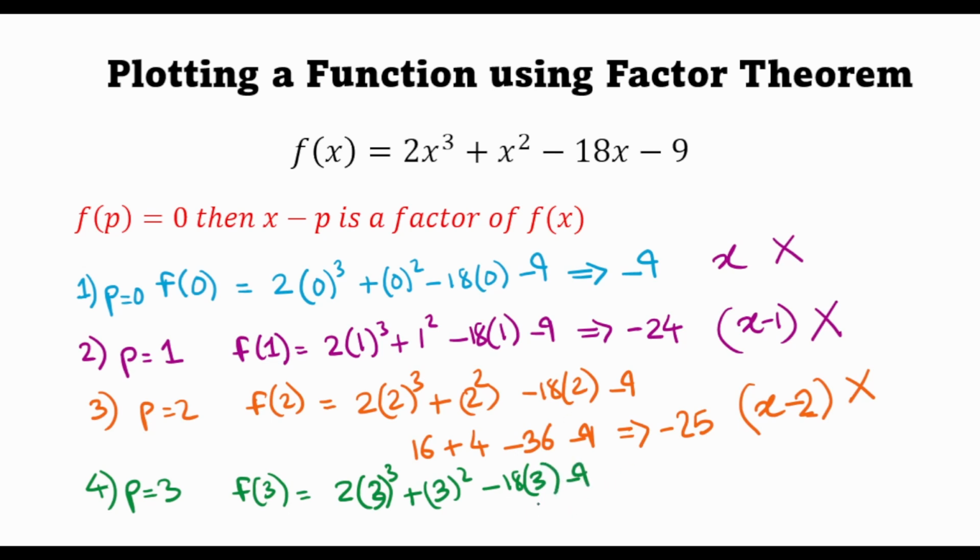So simplifying this, we'll get 54 plus 9 minus 54 minus 9, and this indeed is equal to 0. So we have found out that x minus 3 is a factor of f of x given by this equation. So this is the first step where we have applied factor theorem and found out one factor of f of x.